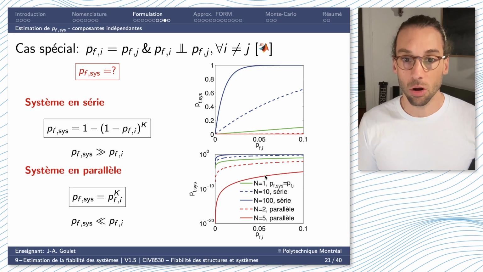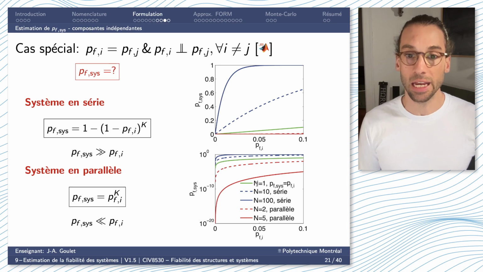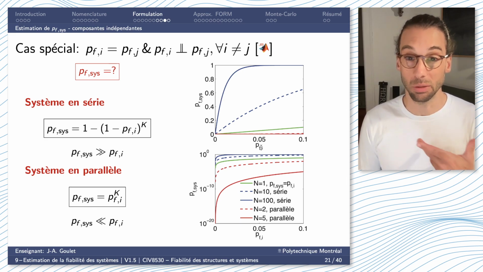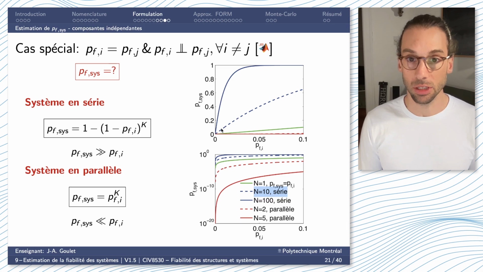So if we look at our reference, the reference is going to be the green line. The green line is where we have n equal to 1 component. So in that case, we can see that it's a linear relationship for a single component between the component and the system failure probability. Now, if we look at 10 components assembled in series, we see something like this.